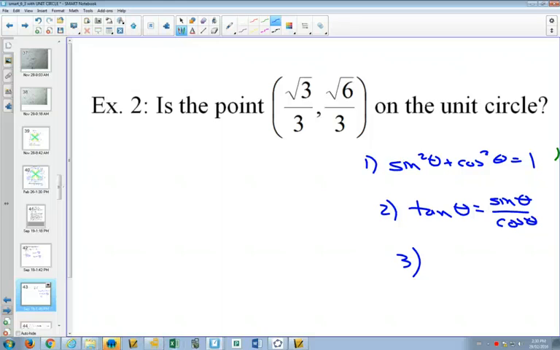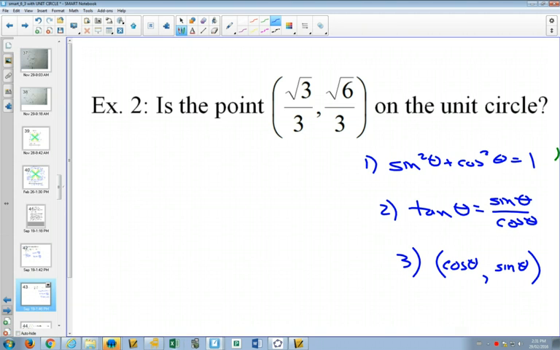And our third big idea, something with a circle. The coordinates on the unit circle are cos theta comma sine theta. So those are our big ideas. With those 3 big ideas, we should be able to solve this question.